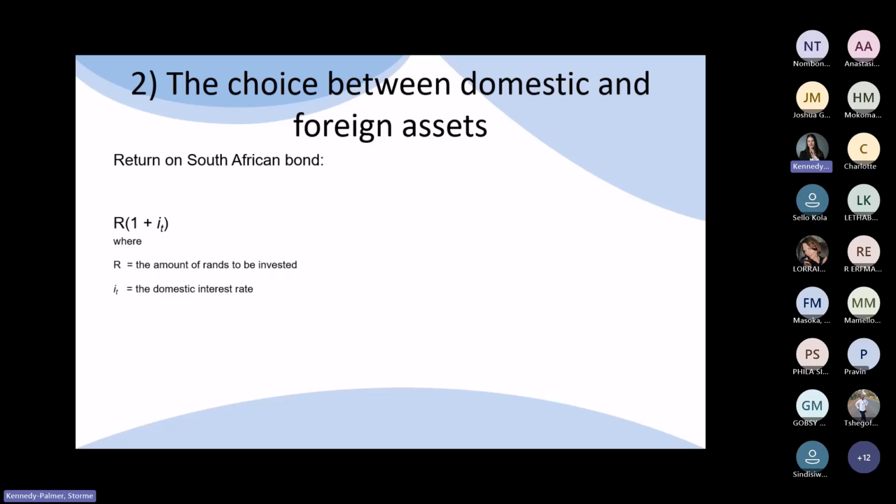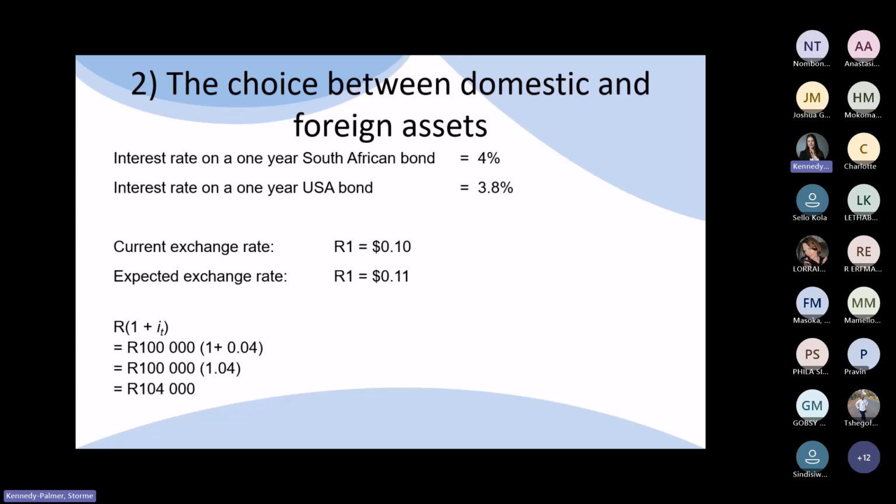IT is the domestic interest rate, 4%. So if we input those values, we can see that 4,000 Rand is your interest, and at the end of the term, you'll get your initial amount back plus your interest of 4%. So you'll get 104,000 Rand.